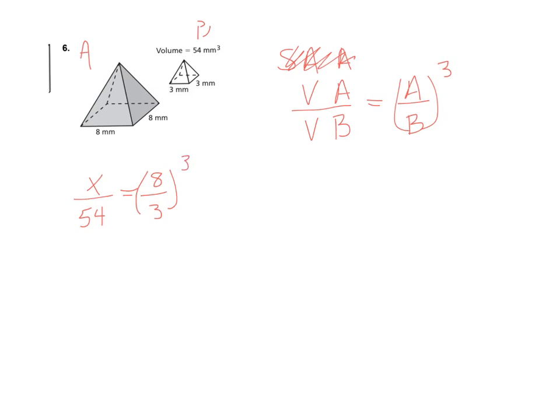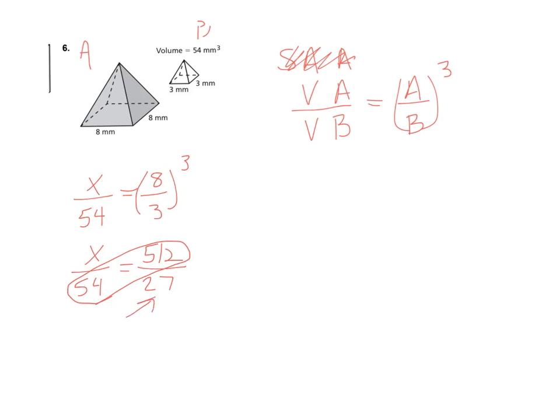Now, in the last one, we checked to see if this could simplify. And there's nothing we can simplify here, so we're just going to use that. We'd have x over 54 is equal to 8 to the third power, 512. 3 to the third power is 27. So now we're going to cross multiply and then divide by 27.